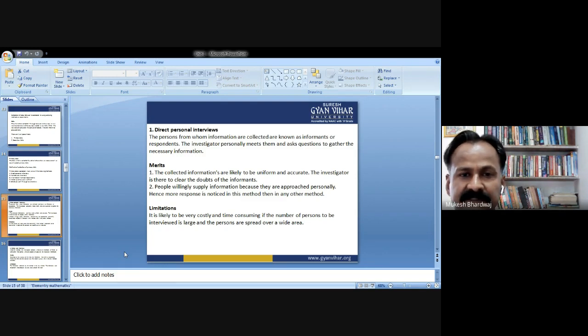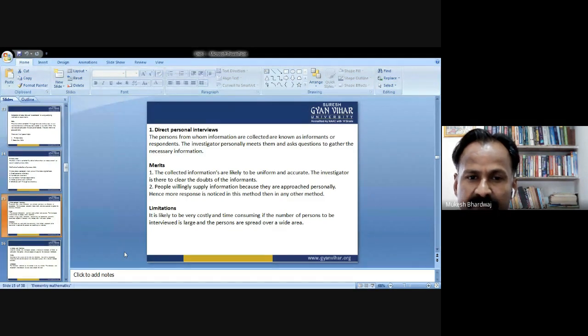What are the merits of this direct personal interview method? The collected information is likely to be uniform and accurate. Obviously, it is uniform and accurate because you are collecting the data man to man, very personally. The investigator is also there to clear the doubts of the informants.